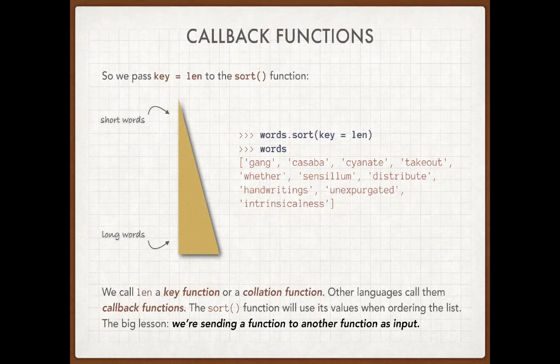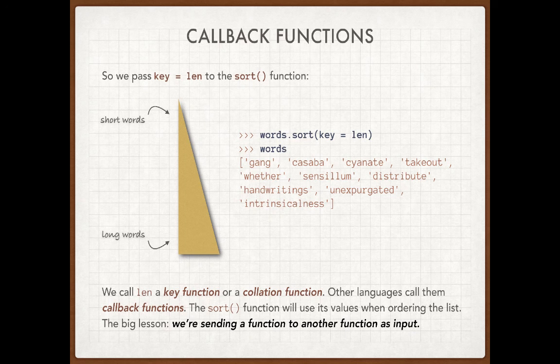And to do that is pretty easy. So all I have to do is say word sort, but then I put in my key value pair key equals len. Now I put an extra space around that equal sign. I think it makes it a little easier for people to read. But if you don't like those spaces, leave them out. It doesn't matter. Python doesn't care.